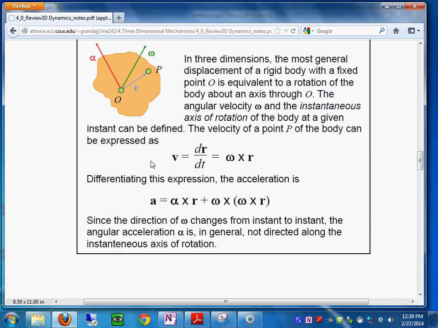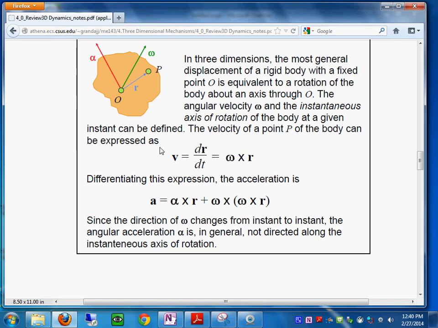So is the conclusion here that in 3 dimensions the displacement of a rigid body with a fixed point about the axis through O would generate an equation for the velocity of the point P, which is omega cross r?